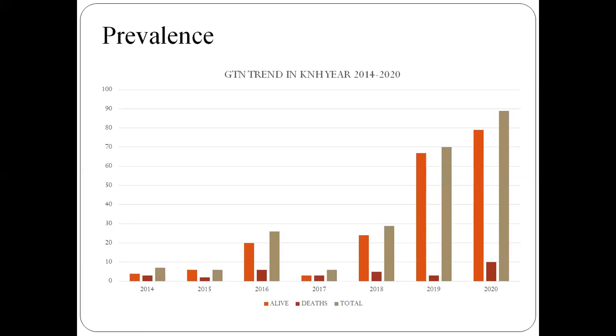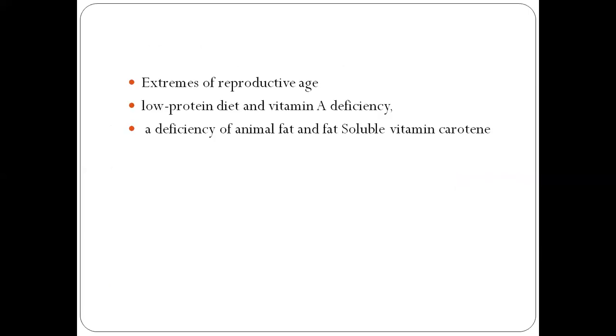It's been noted in those with low protein diets, where there is vitamin A deficiency, deficiency of animal fat and fat-soluble vitamins like carotene. These are things you'll find deficient especially in those of low socioeconomic status. Those are some of the postulates.